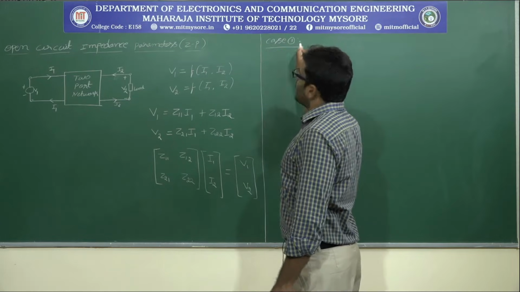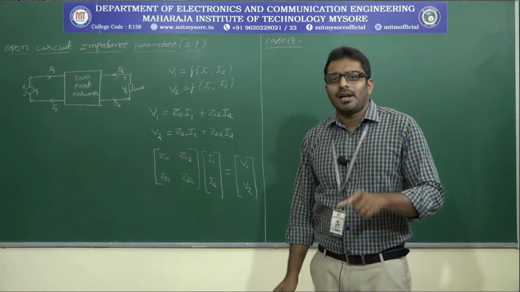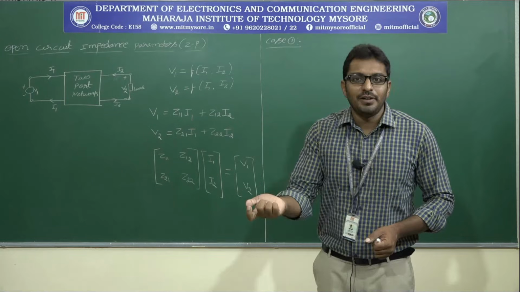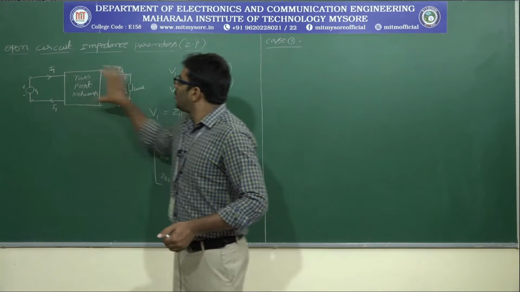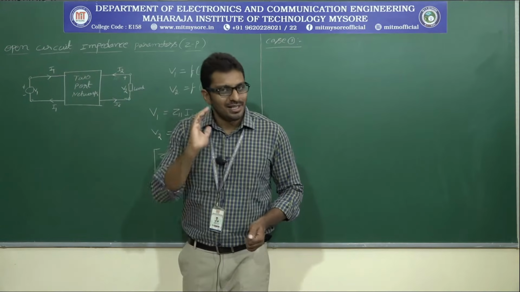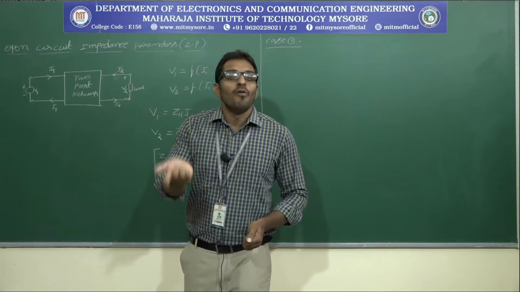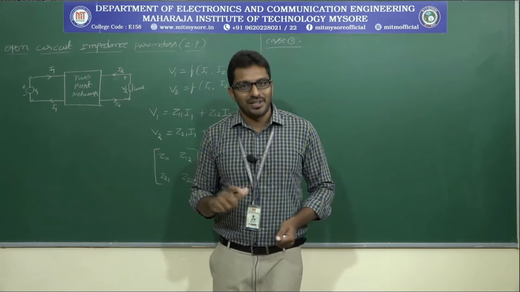Z parameters are defined only when any one of the ports is open circuited. Listen carefully. Z parameters are defined only when any one of the ports is open circuited.